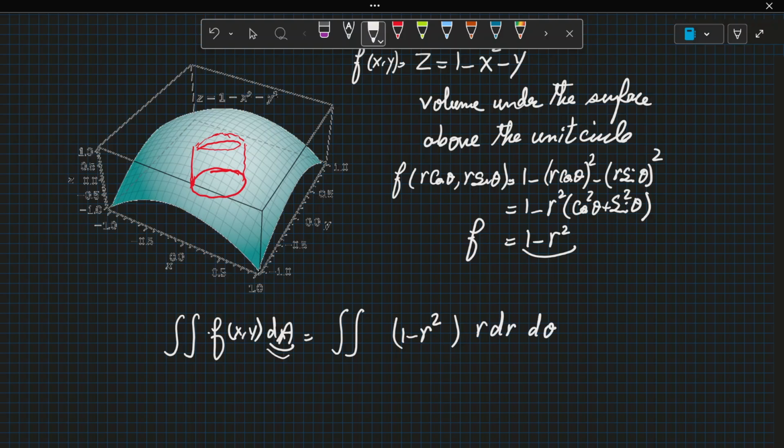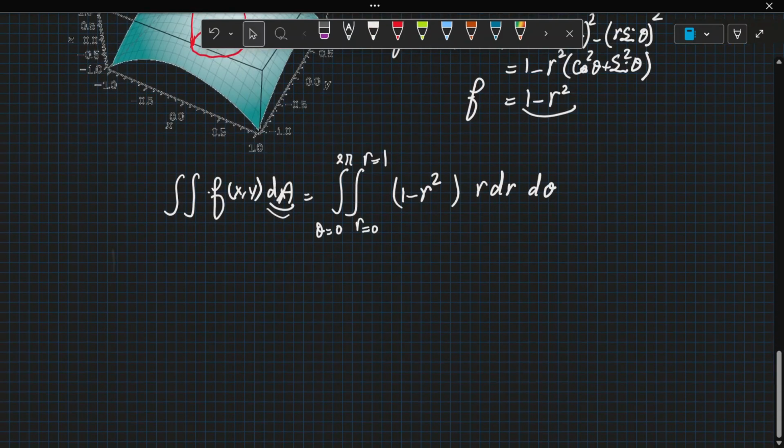Well, the unit circle extends from r equal to 0 to r equal to 1, and it's also convenient that theta goes around the entire circle, from 0 to 2 pi.